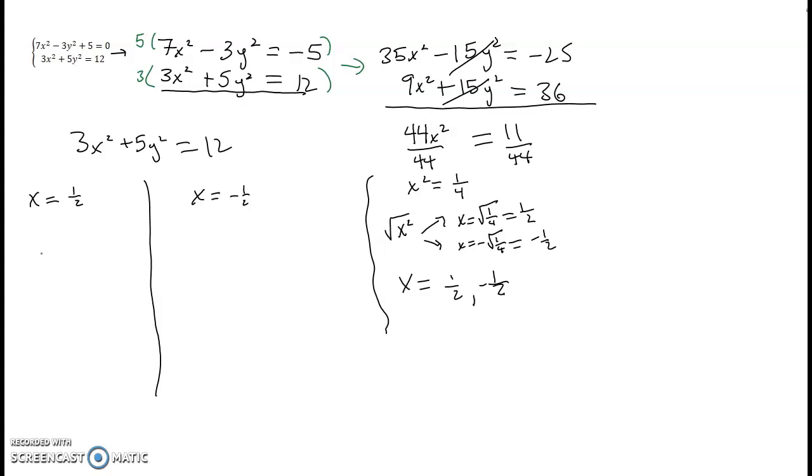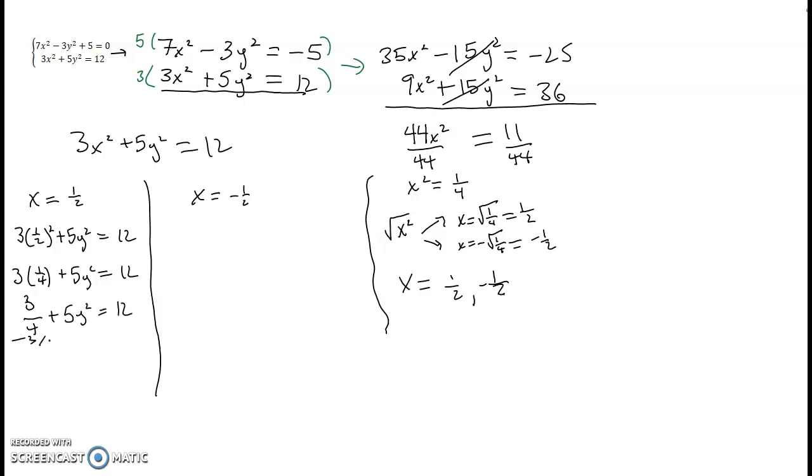Let's plug 1/2 in for x here. So it's going to be 3 times 1/2 squared plus 5y squared equals 12. And 1/2 squared is 1/4, right? So this is going to be 3 times 1/4 plus 5y squared equals 12. 3 times 1/4, 3/4 plus 5y squared equals 12.